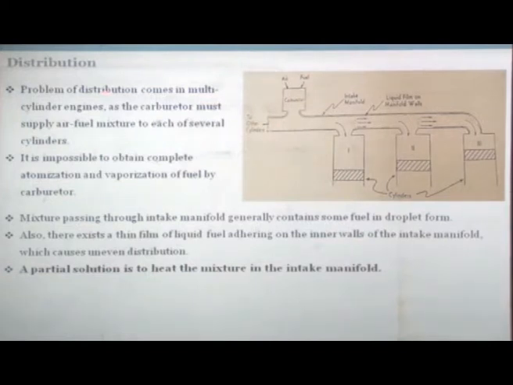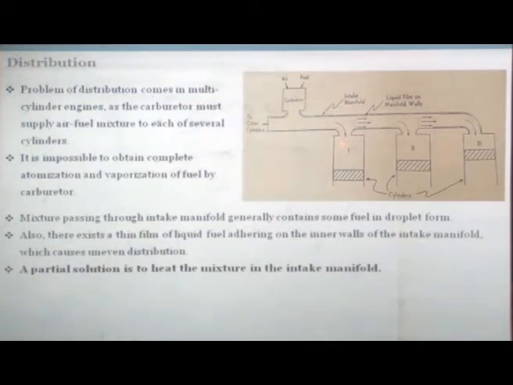So, the problem in the distribution comes in a multi-cylinder engine, as the carburetor must supply air fuel mixture to several cylinders. It is not possible to obtain complete atomization and vaporization of the fuel by the carburetor. So, whatever you do, there will be some fuel which will be forming either the film or it will be hanging around as droplets. So, the mixture passing through the intake manifold generally contains some fuel in droplet form. Also, there exists a thin liquid film which adheres to the inner walls of the intake manifold, and it causes uneven distribution.